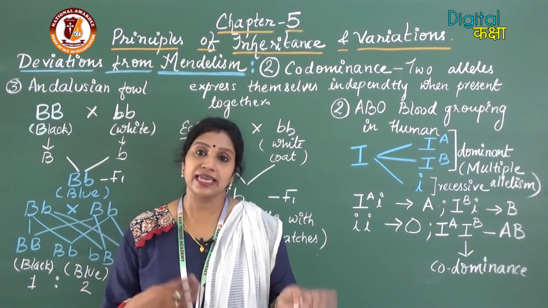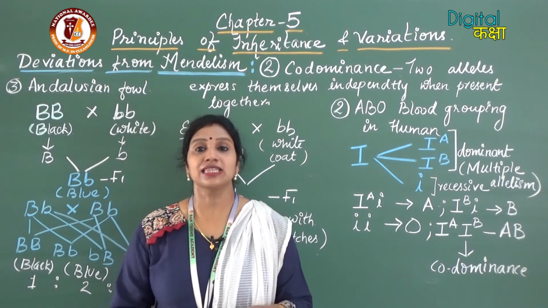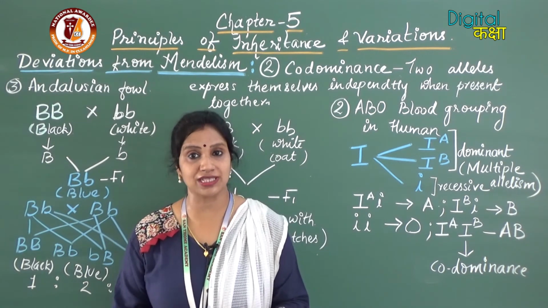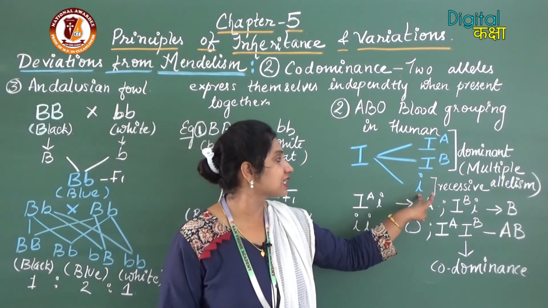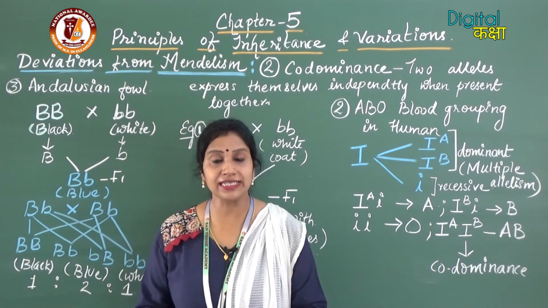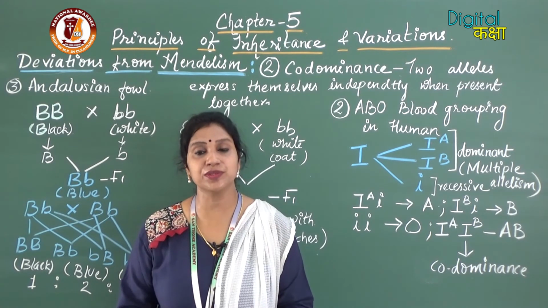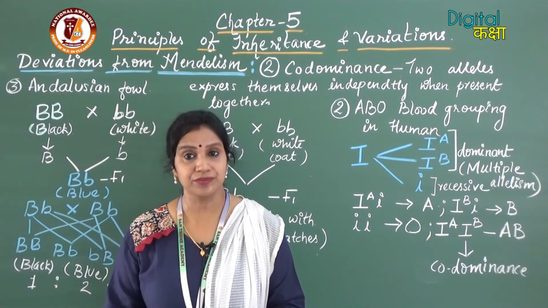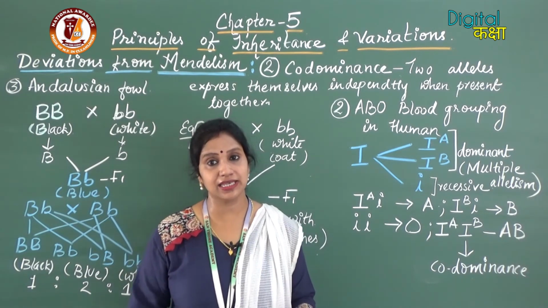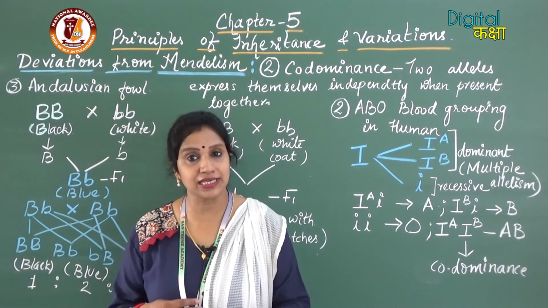And if both A and B alleles are not present, meaning the RBCs do not have any type of sugar on the plasma membrane, in that case the condition is small i. That means the small i allele is not able to produce any sugar type, neither A nor B. So this is the reason why the three alleles are there, that is, why IA, IB and small i exist.